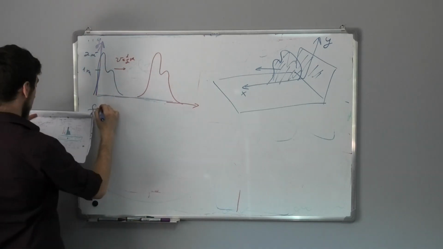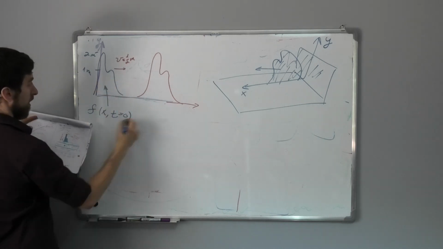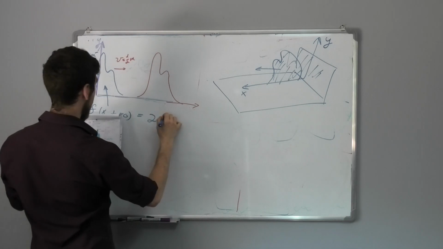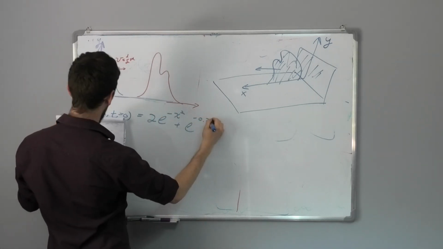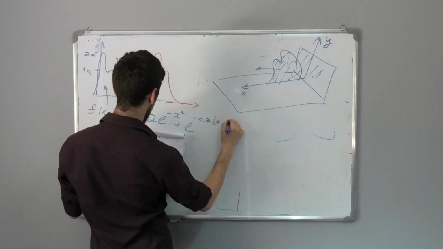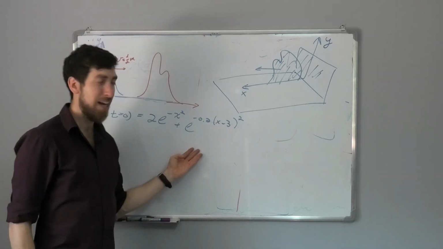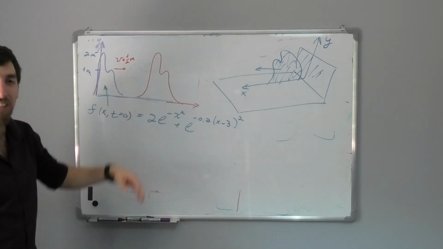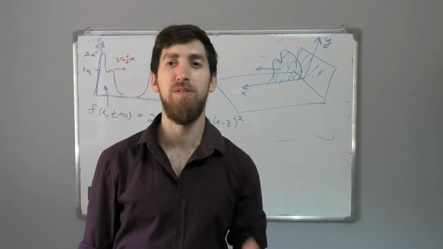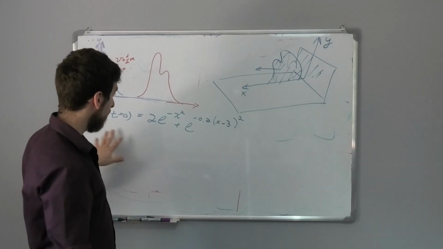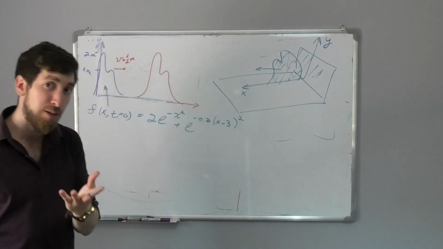So f as a function of x at time t equals 0 equals 2 exponent minus x squared plus e to the minus 0.2 x minus 3 squared. So you already see that this function is a little bit complicated, and if I also add the melting idea, I would complicate it even more, and it's unnecessary. It's not relevant to the class of physics 2. So I skip this part, and we're going to assume that the wave stays the same.